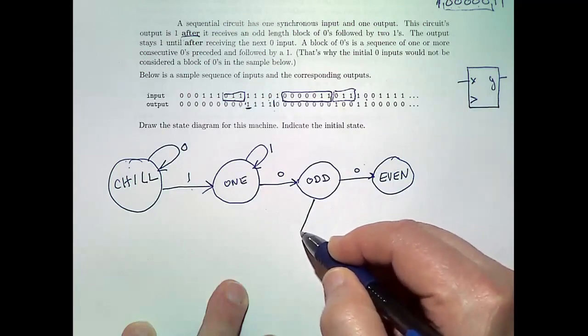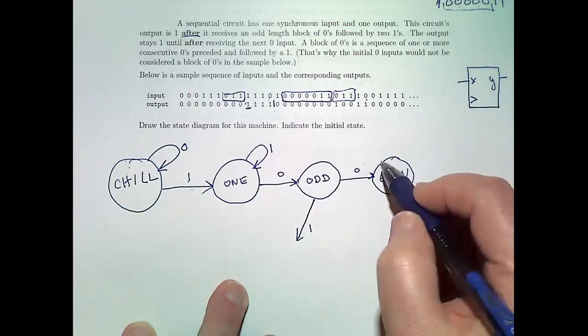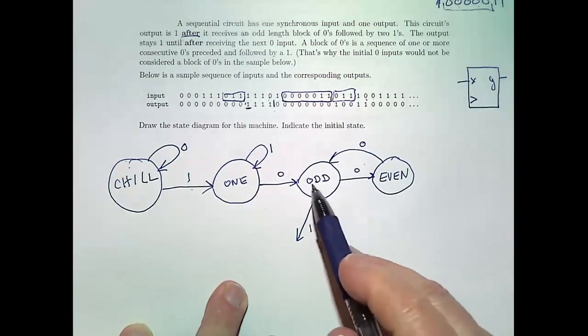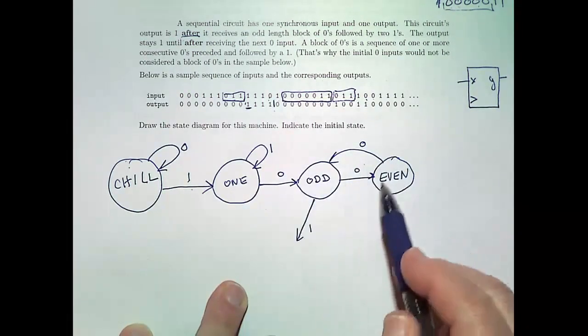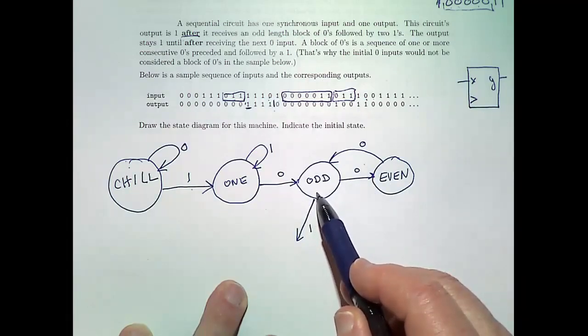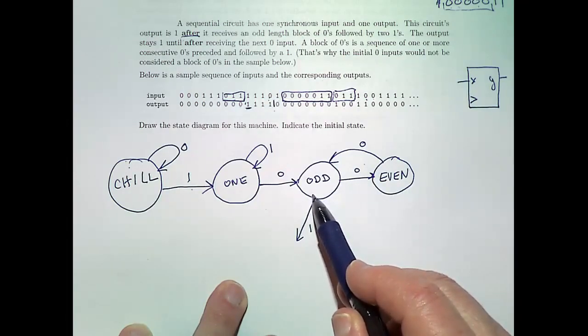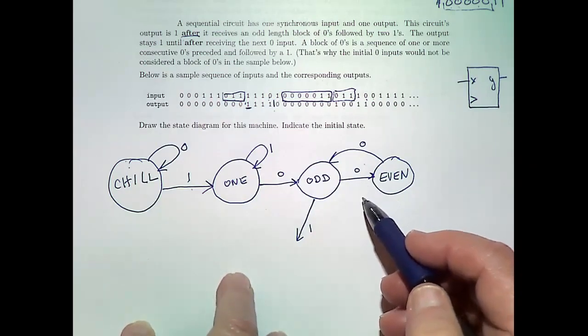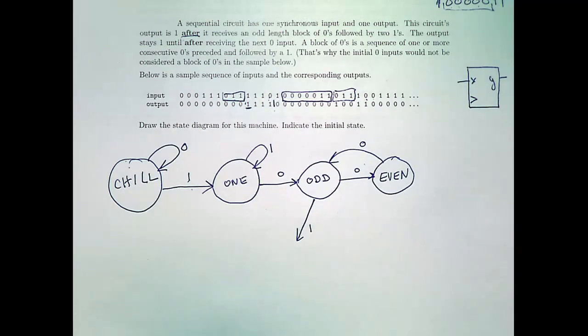Did you alternate between odd and even until you get a 1? Okay, so once you get a 1, you stay with the state. As long as I've got zeros, I'm going to jump back and forth, right? And so whenever I'm in odd, I have an odd block so far, and whenever I'm in even, I have an even number of zeros so far. It isn't until I get a 1 that I know the block ends, though.